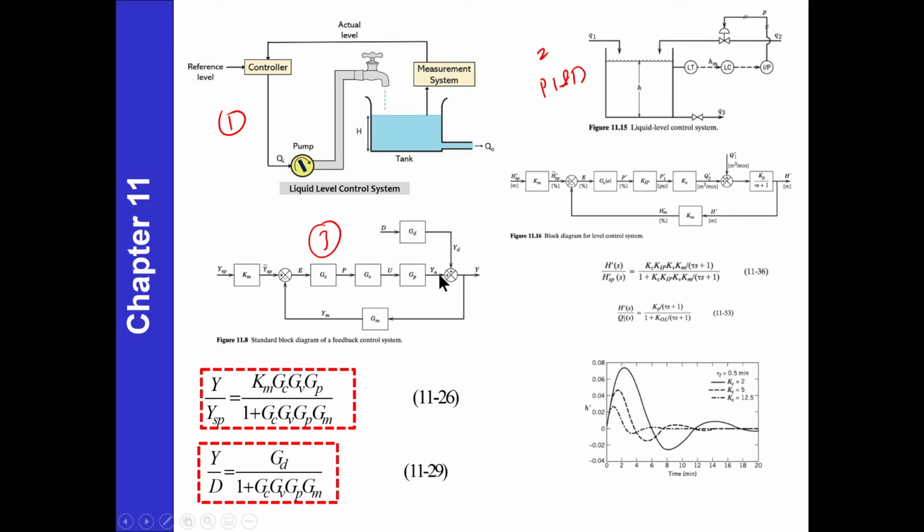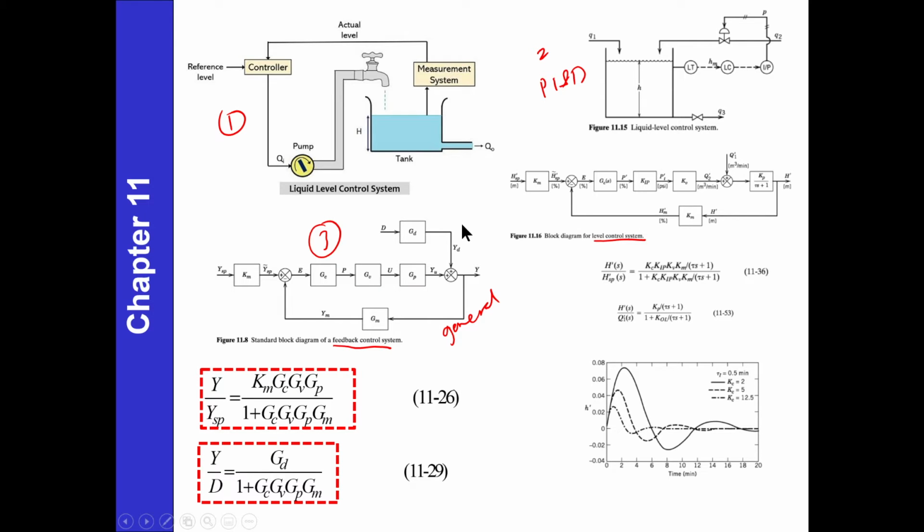This is a block diagram for the actual process. This one is for the general case, a general block diagram that applies for any feedback loop. This one is a block diagram for a specific process. Here we have this level control system.